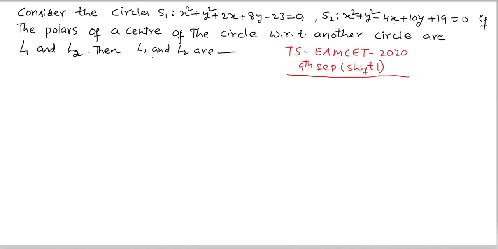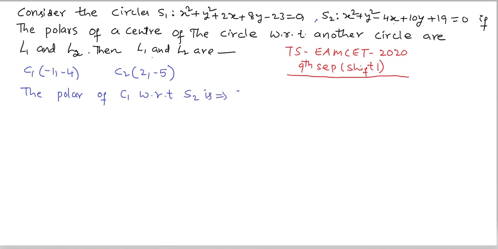Here the center of the first circle C1 is (minus 1, minus 4), and the center of the second circle C2 is (2, minus 5). The polar of C1 with respect to the second circle S2 is, you know the formula, S1 is equal to 0.